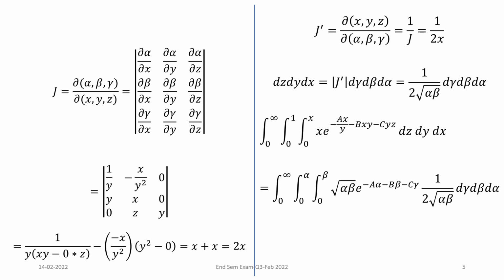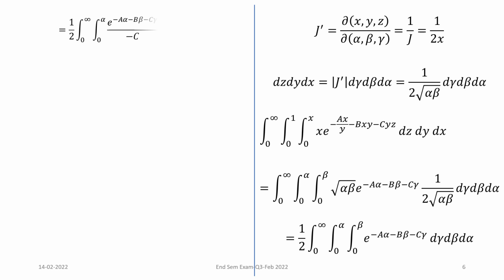Next is to evaluate this integral. So one by one we can evaluate, but what we can see here is square root of alpha beta, and square root of alpha beta will be cancelled. So that's why our integration will be in this way. Now it is quite easy to integrate one by one. So initially we integrate with respect to gamma.